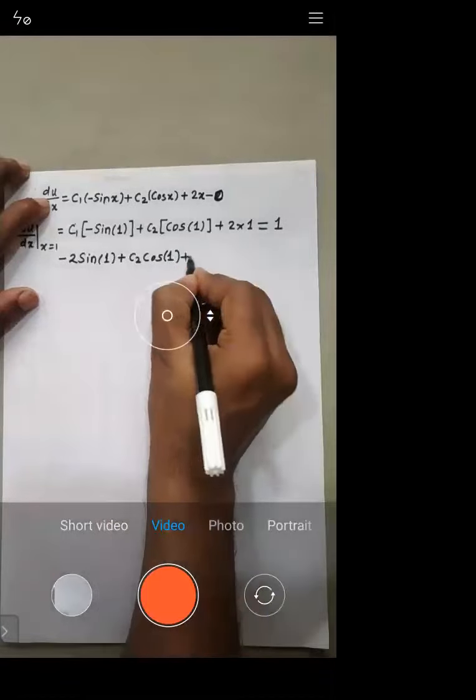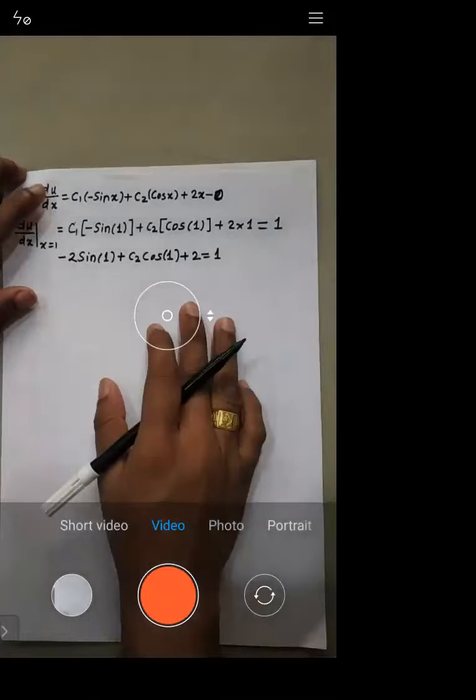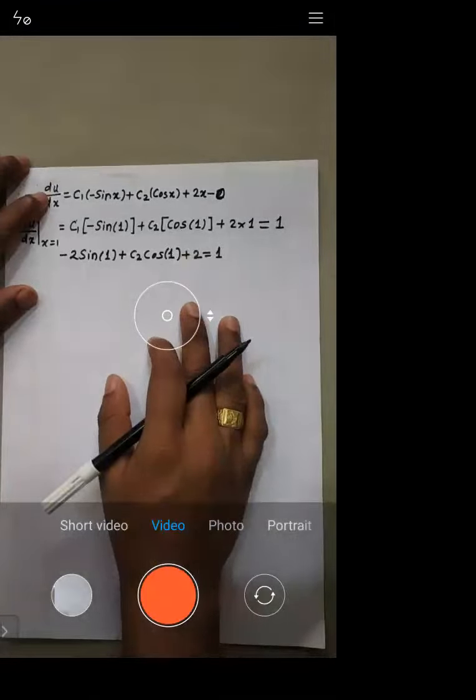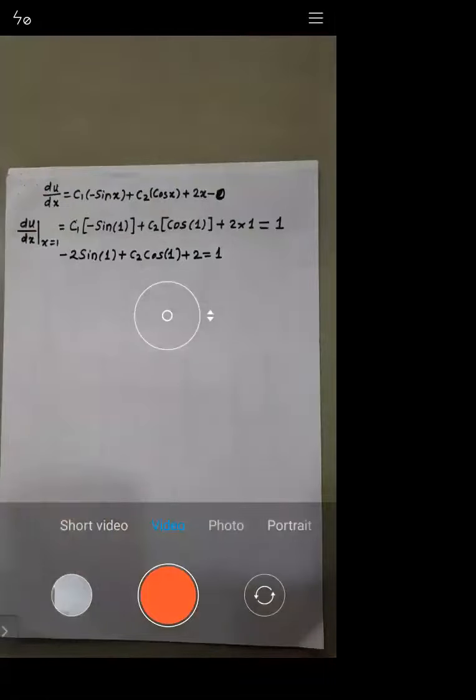This is minus 2 sin 1 plus C2 cos 1 plus 2 is equal to 1. Yes or no? Now we should calculate C2. How will you calculate C2? Calculate the value of C2 and let me know what value of C2 you are getting.